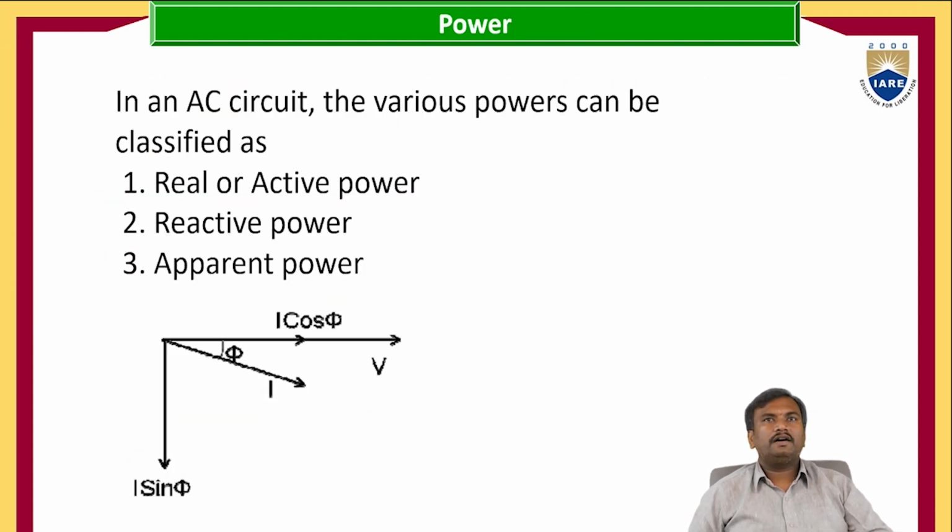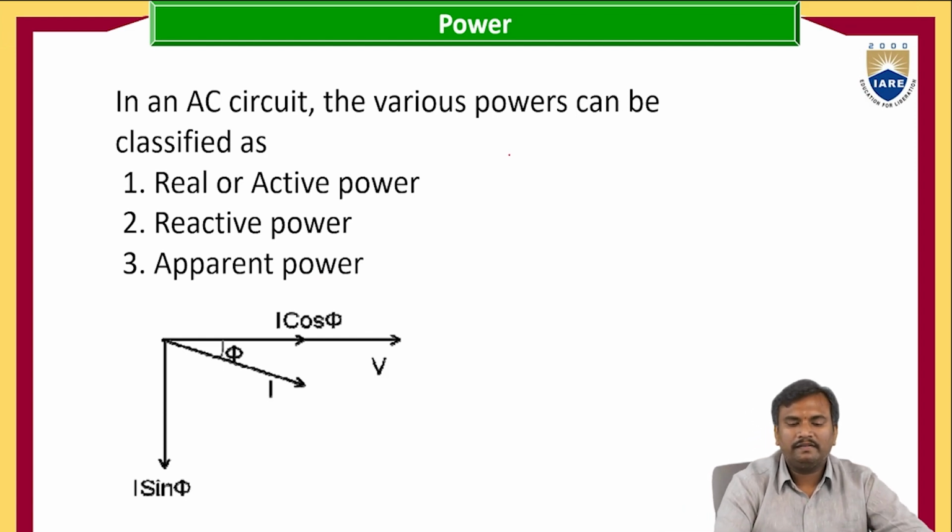Now let us go with the power. In an AC circuit, the various powers can be classified as real or active power, reactive power, and apparent power.